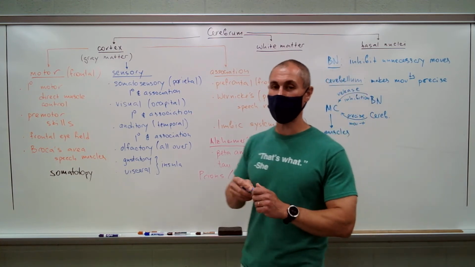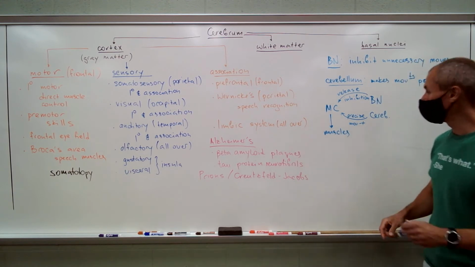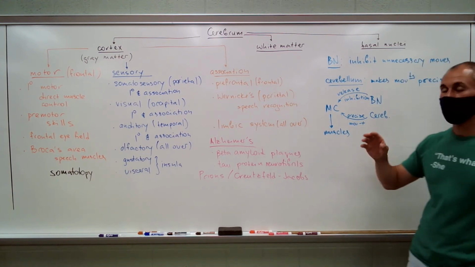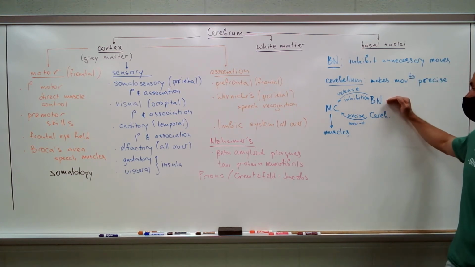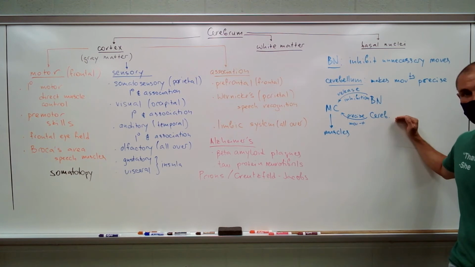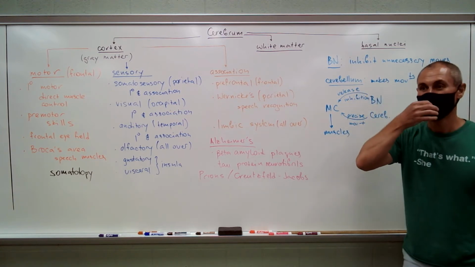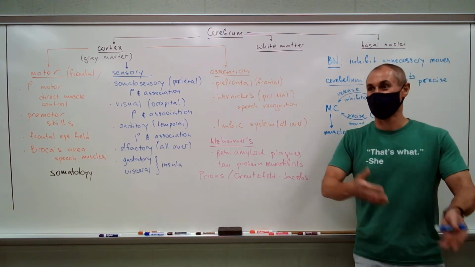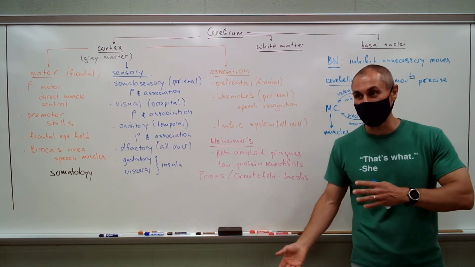Now, I'm going to be super anthropomorphic here. Your basal nuclei and your cerebellum have to know what I'm going to do, right? How can your basal nuclei know which muscles to stop inhibiting?